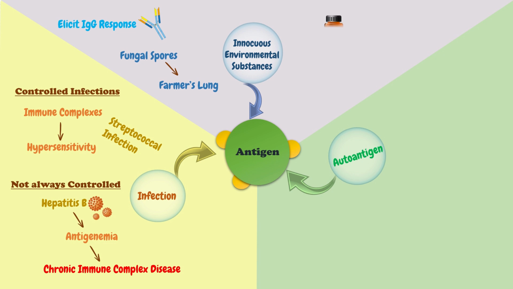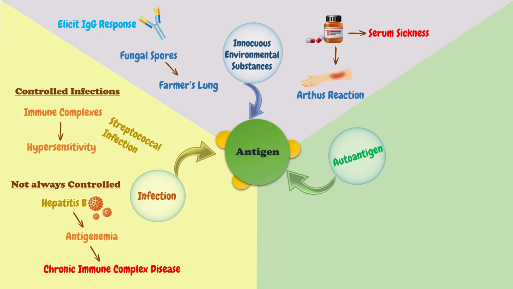Drugs are also environmental antigens and sometimes cause localized immune complexes, such as the Arthus reaction. Drugs can also cause circulating immune complexes that lead to a disorder referred to as serum sickness. I will discuss both of them in a while.